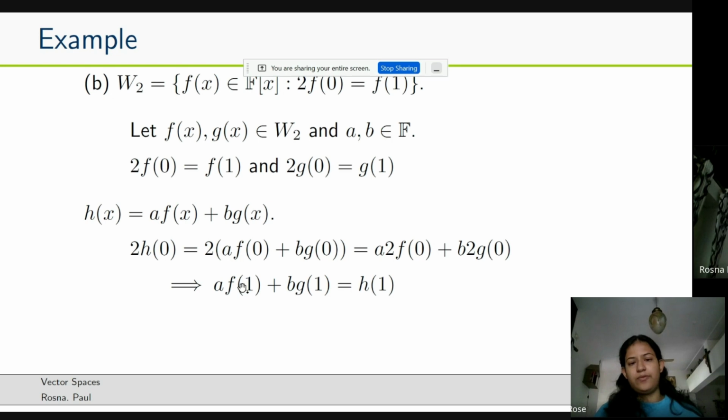I can replace it by f of 1, and 2 times g of 0 is nothing but g of 1. This gives you the definition of h of 1. So 2 times h of 0 is equal to h of 1, which satisfies the condition here. So h of x belongs to W2.